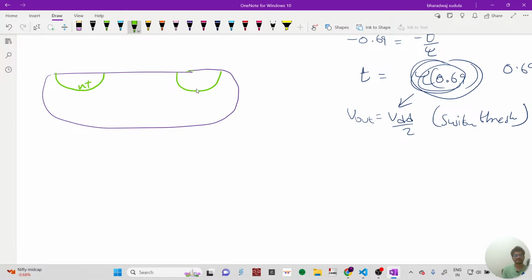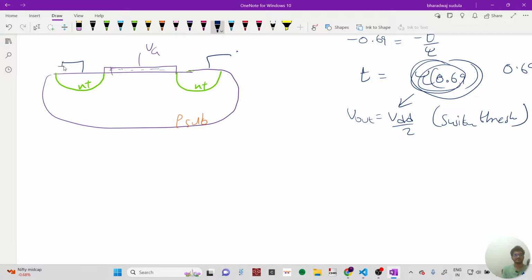This is N plus diffusion and this is P substrate and this is the gate. Assume this as a gate. I'm not accurately drawing everything according to the layout diagram rules and all. So this can be anything.